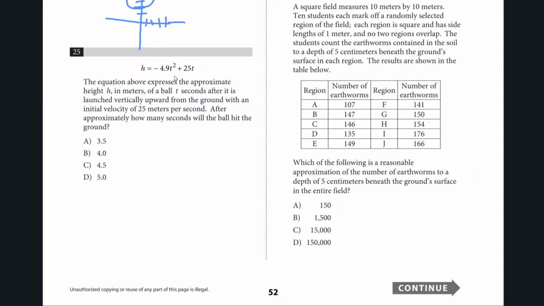We need to pull out a negative 4.9t, and then we have t minus 25 divided by 4.9, and that's going to be minus 5.1. So t is equal to 0 in this case, because you can plug in 0 and this will become 0, and t is equal to 5.1. So after about 5 seconds, it will hit the ground.